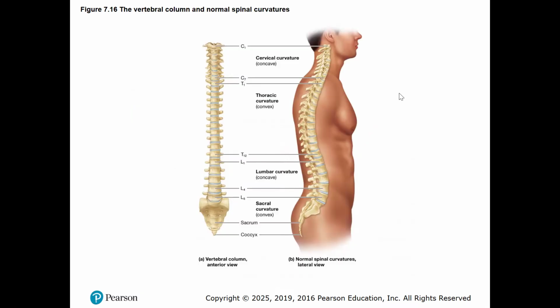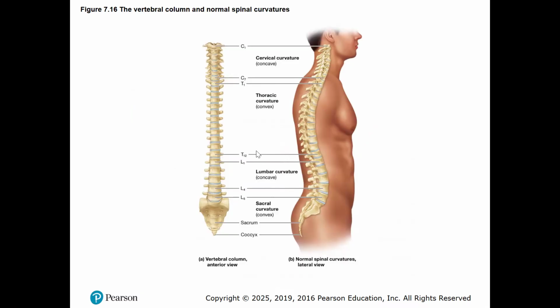Moving on to the vertebral column. So C, T, and L are the abbreviations for the vertebrae that make up the vertebral column or spinal cavity. So C1 through 7, these are your cervical vertebrae, and notice how they are more concave in shape, this natural curvature of the spine we're going to talk about.